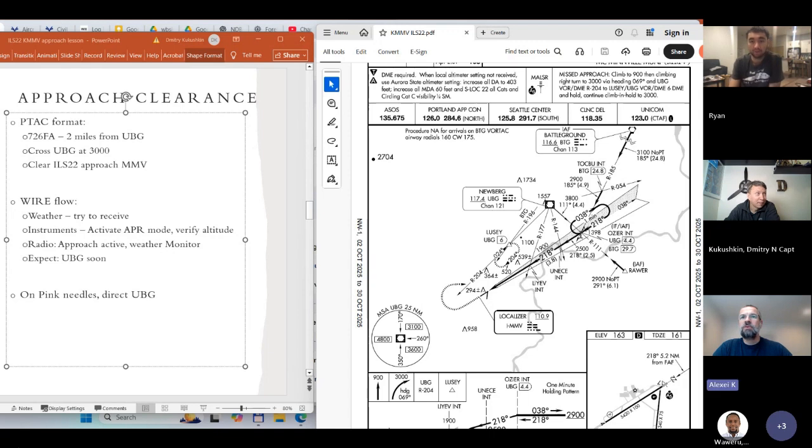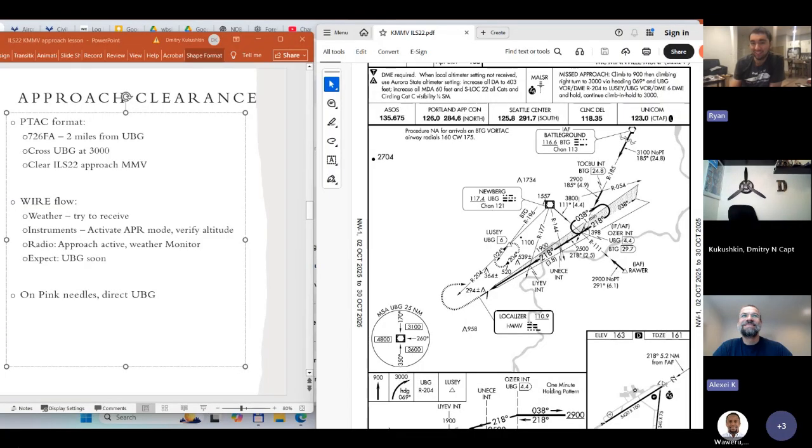Do we need to intercept the localizer? Maybe. Any other opinions? Or Ryan, just turn the heading? Ryan, help us out. I'm getting my notes.